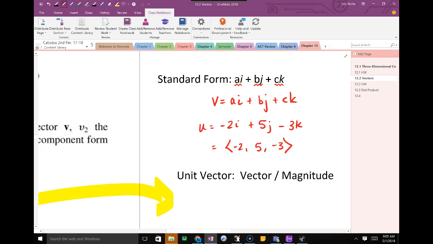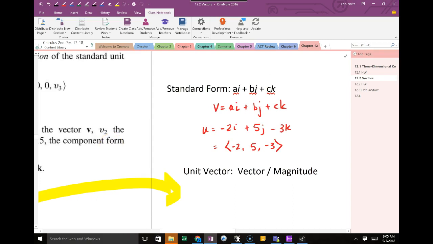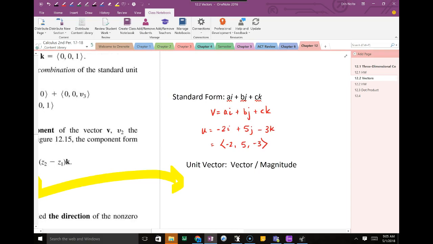I don't really know why they have this form. But they use it. Maybe there's more stuff with forces in physics that it's easier to use. That's all I got. Why does it only give us the x's? What? It doesn't just give you the x's. The i's are the x's, the j's are the y's, the k's are the z's. It's always i, j, k. So i goes with the x's.